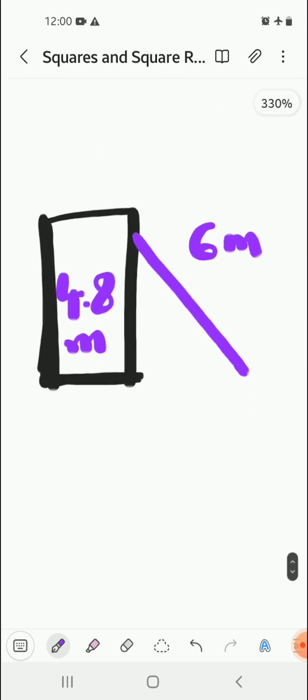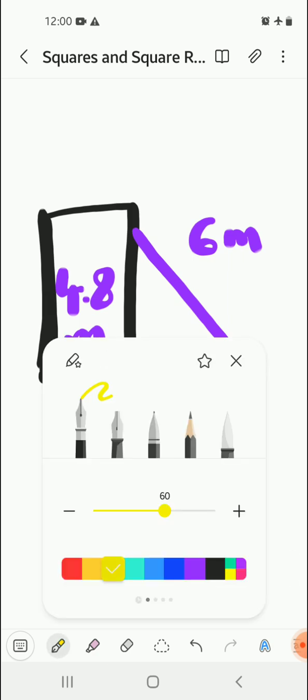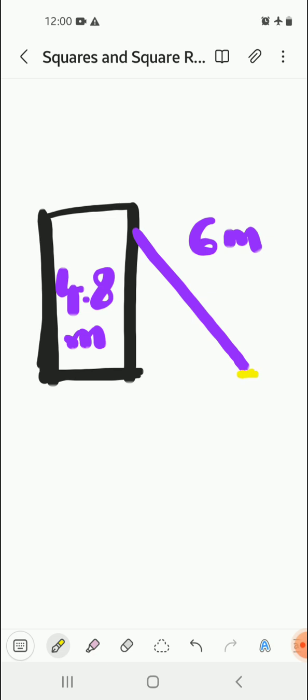We are asked to find the distance between the foot of the ladder and the building. That is the foot of the ladder over here and the building. So we are asked to find this distance.